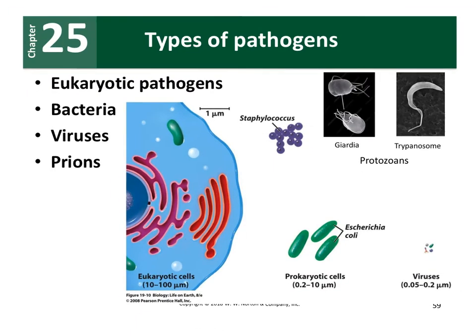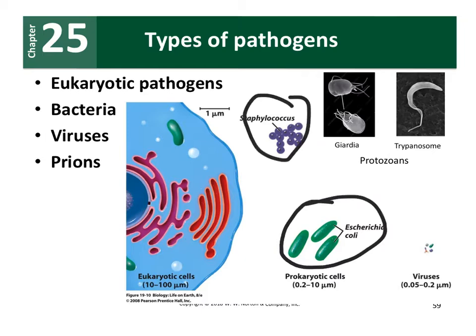Okay, so there's different types of pathogens. There's eukaryotic pathogens like Giardia, Plasmodium, trypanosomes. There's bacteria. Here we have E. coli, Staphylococcus. Here's a human, or let's say a large eukaryotic cell.